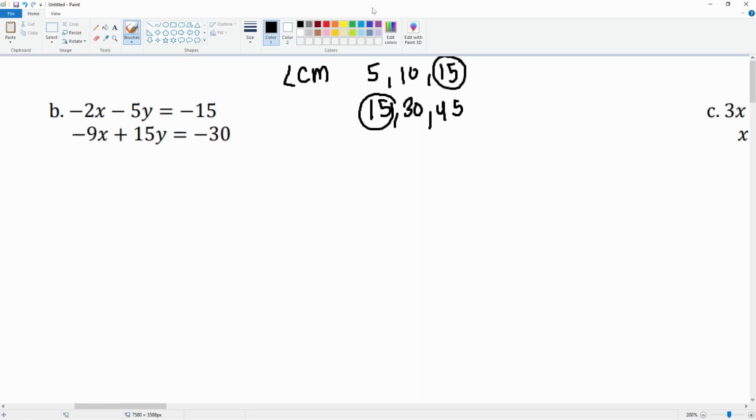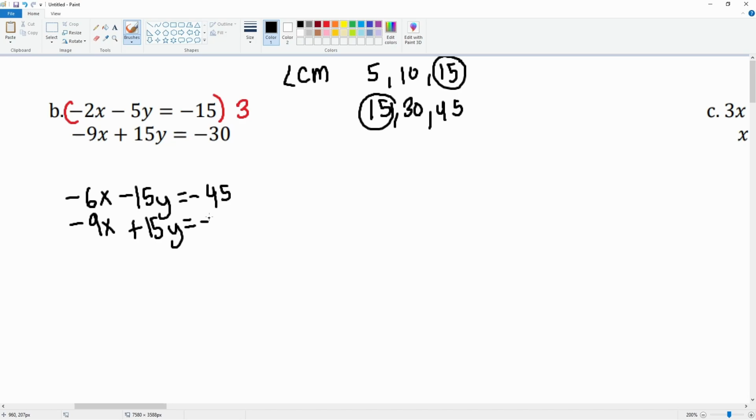So what should I do here? I'm going to multiply the top here by the number 3. The top value becomes -6x minus 15y is equal to -45. Nothing happens to the second one, so it's just -9x plus 15y is equal to -30.